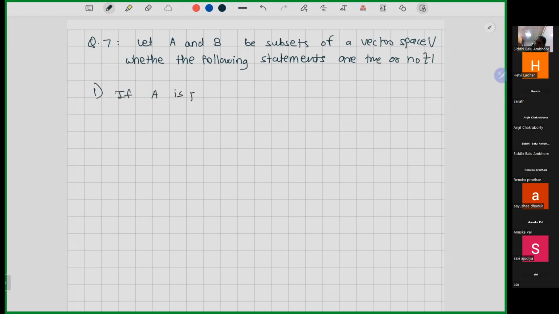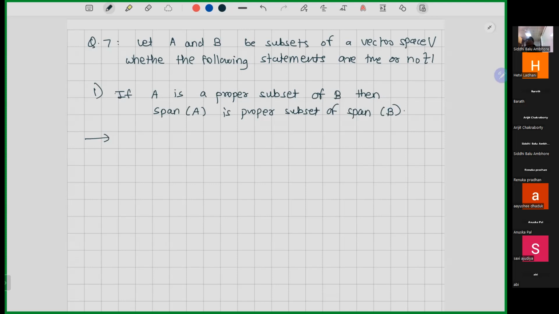So the first statement is that if A is a proper subset of B, then span of A is a proper subset of span of B. What is your guess?